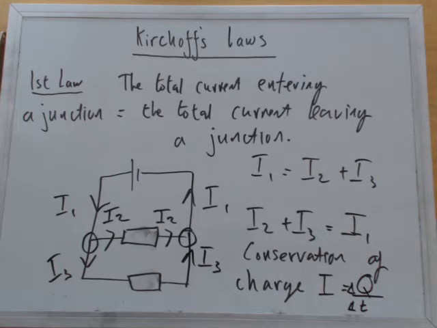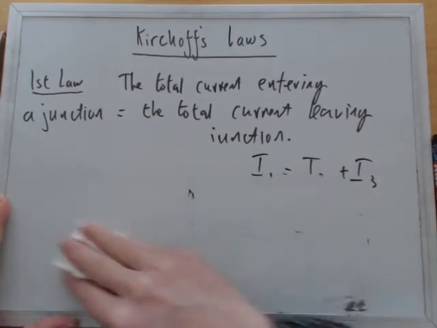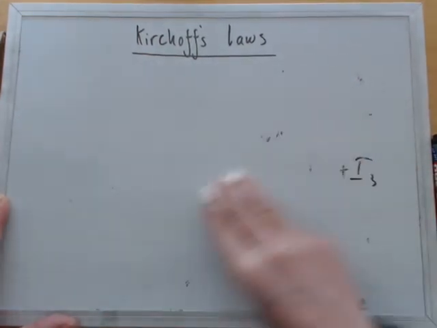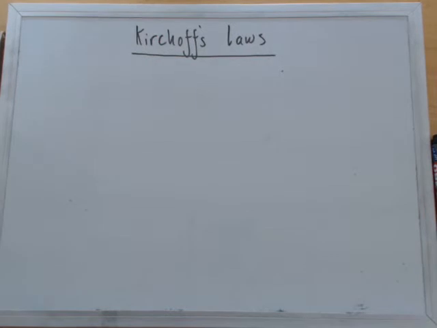So okay. Now the next law we'll look at is Kirchhoff's second law. Now the second law can be a lot more complicated. It can involve simultaneous equations, but in fact it may not.